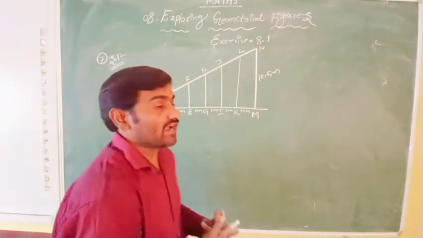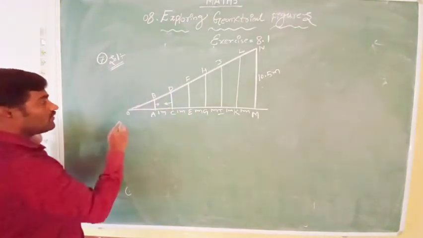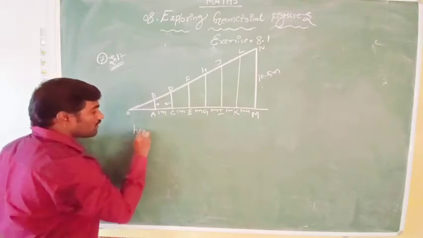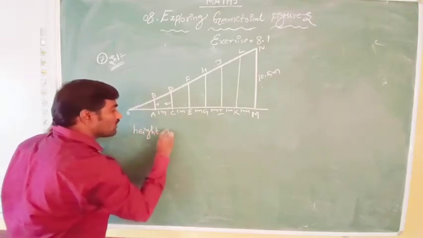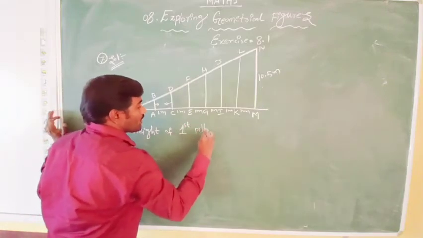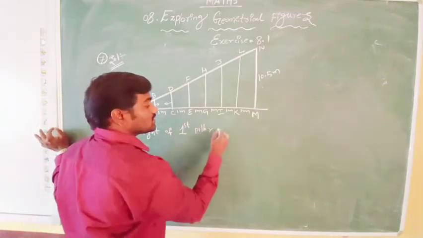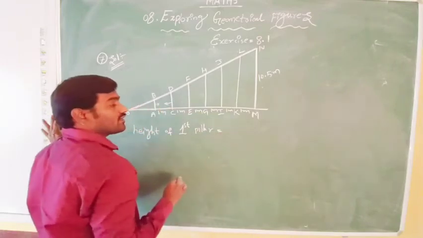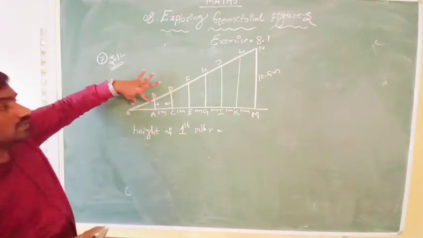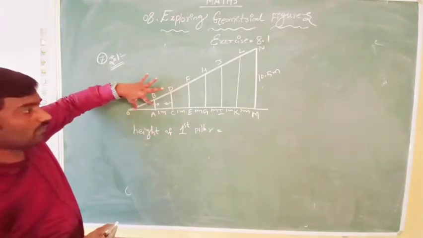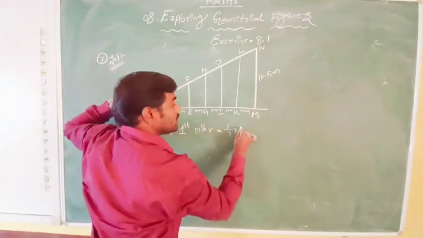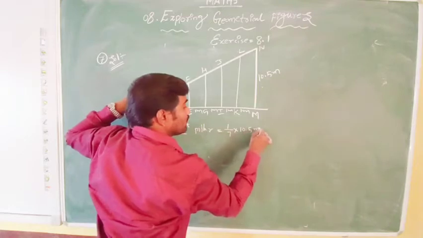Only the height of the last pillar is given, so we can find it out. See here, the height of the first pillar equals, here it is the 1 meter distance, 1 by 7 into here 10.5 meters.